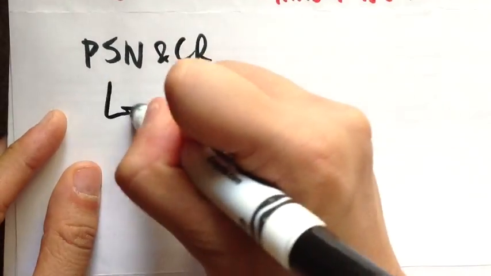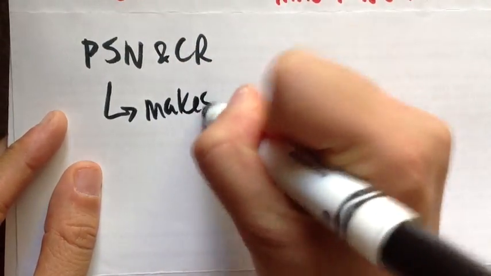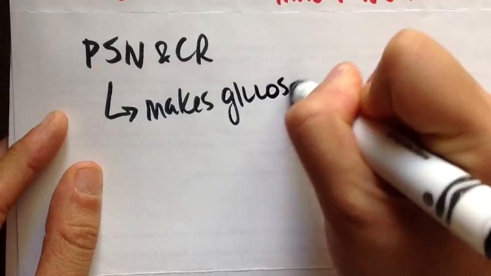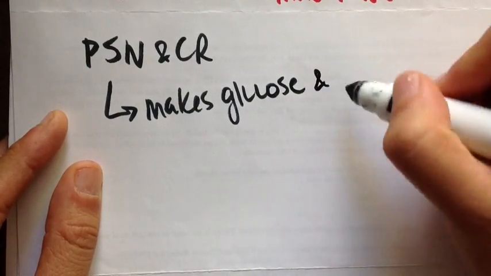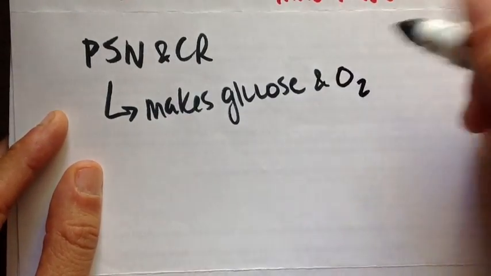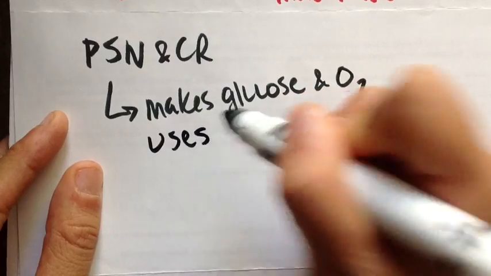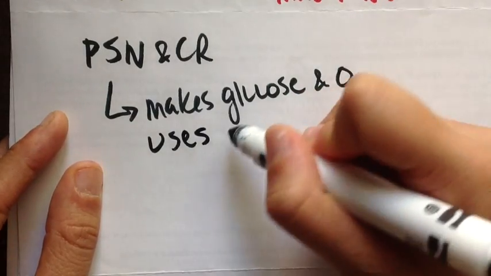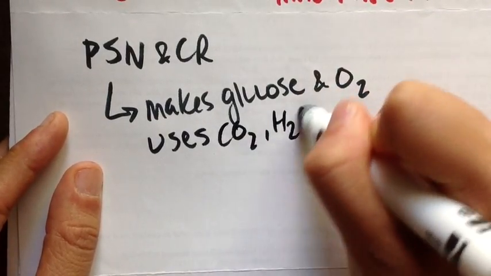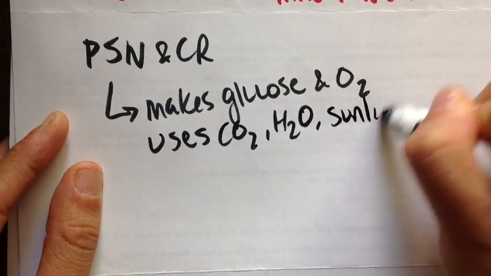So to wrap us up and to summarize all of what we did, photosynthesis and cellular respiration. What did we learn? Photosynthesis makes the glucose and makes the oxygen. It uses CO2, water, and sunlight.